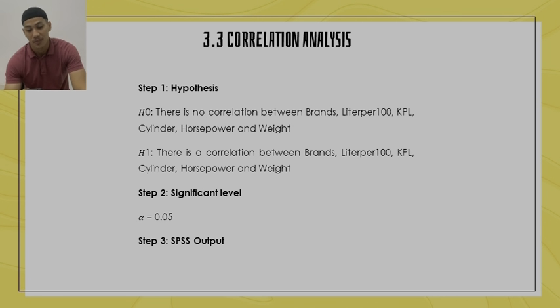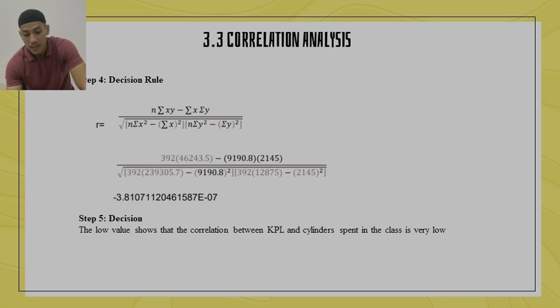For step 2, the significance level, in symbol alpha, is 0.005, and for step 3, SPSS output, as shown in the figure, correlation is significant at the 0.01 level.